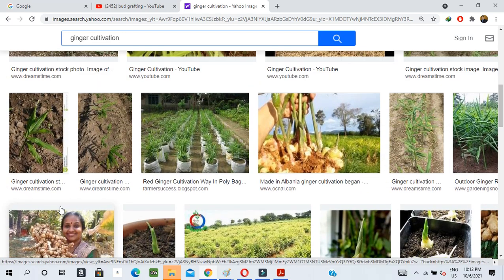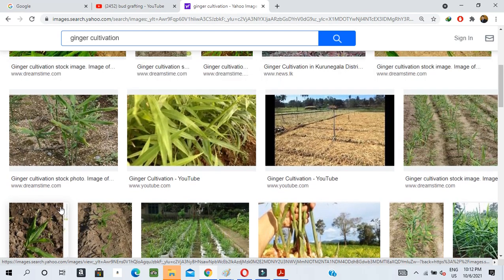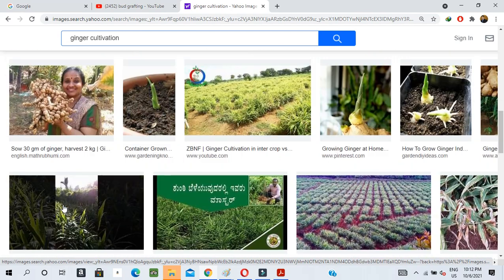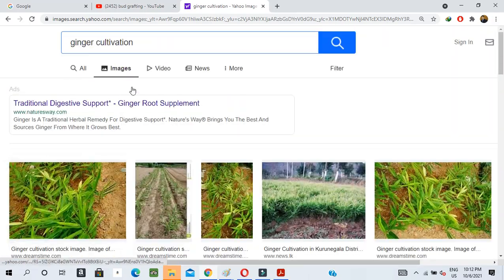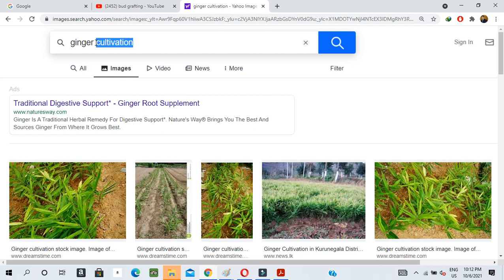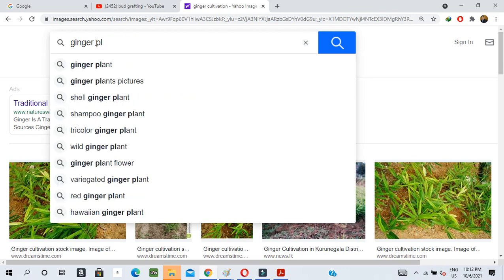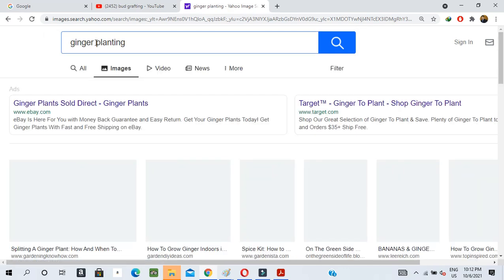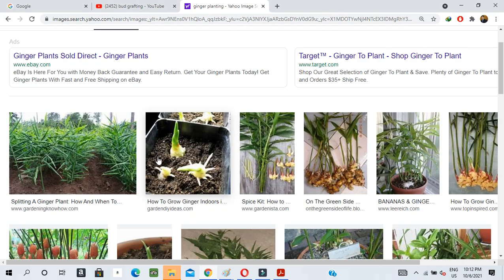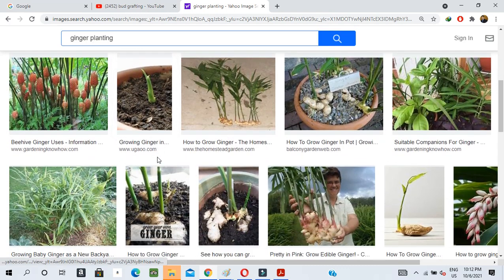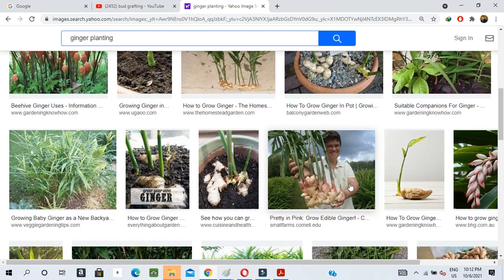Are you planting seeds to get ginger? No. Instead, you are planting small pieces of ginger in the soil.